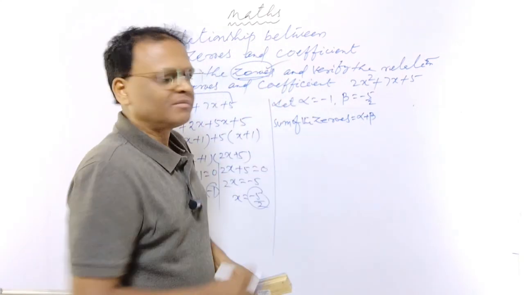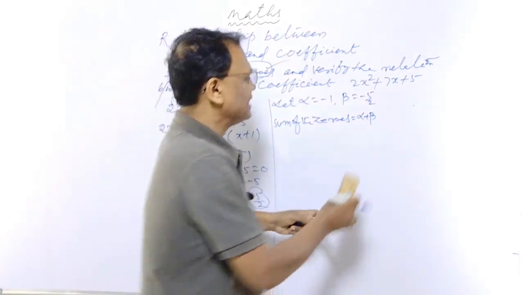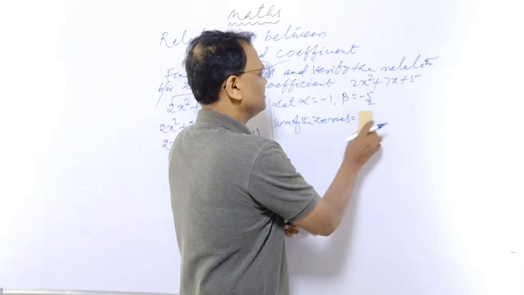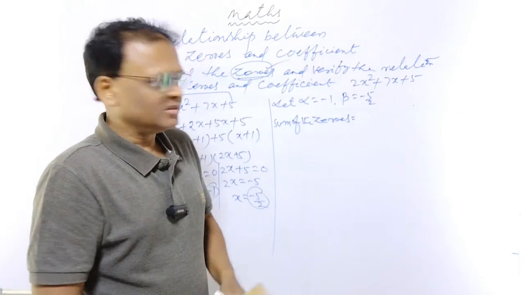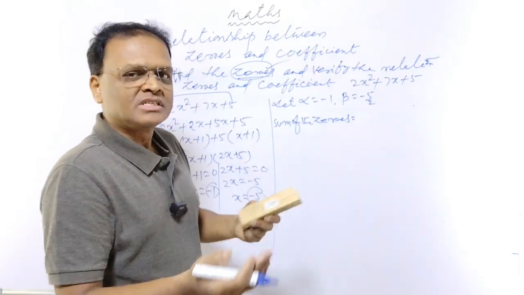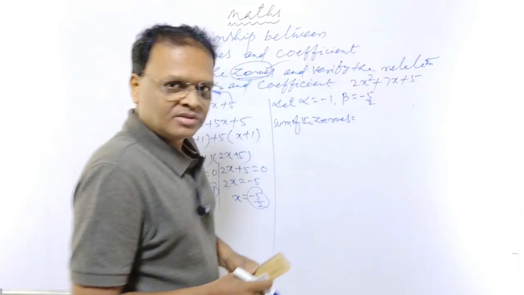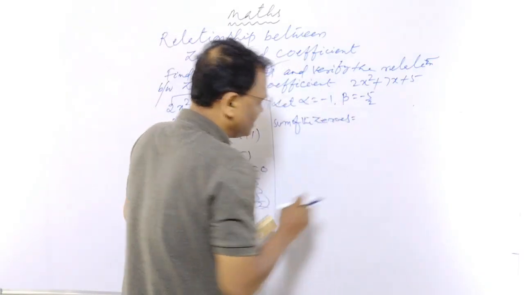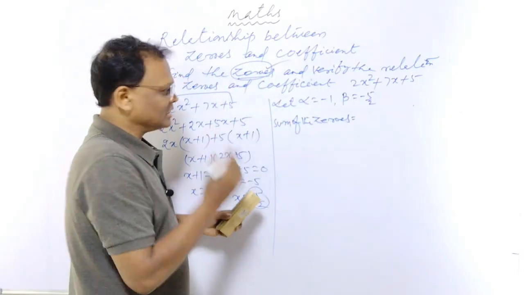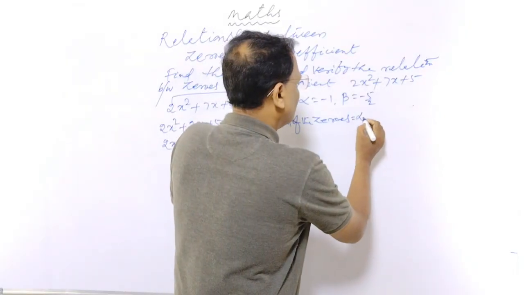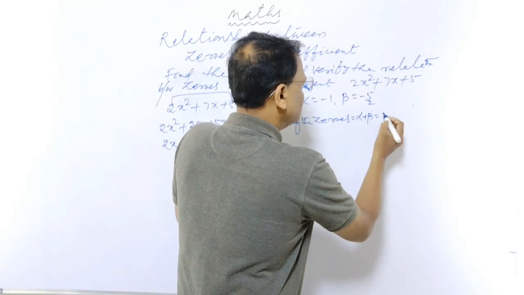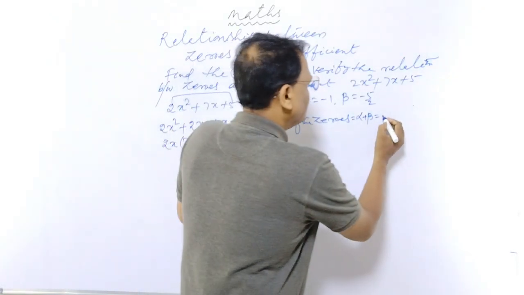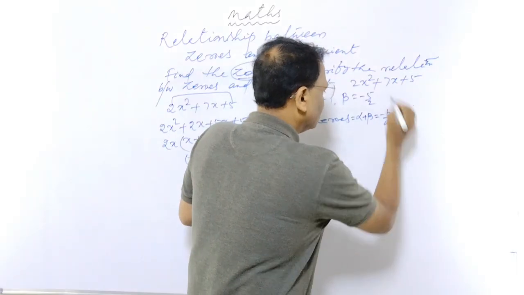If you are not writing alpha plus beta also, no problem, you can write directly. If you do not use the words alpha and beta, no problem, but if you use them, it's better. Sum of the zeros, alpha plus beta, is equal to minus b by a.